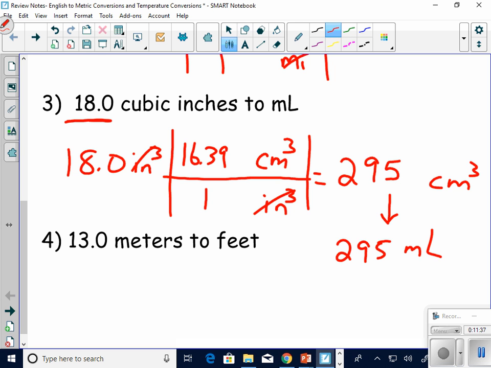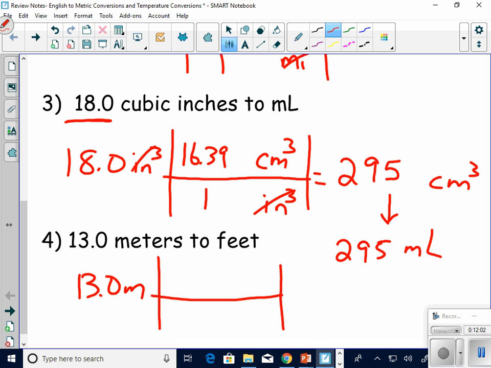Let's go on and look at number 4 there. 13.0 meters to feet. 13.0 meters, and I want to convert it to feet. Do I have a conversion factor? Meters to feet? Okay.